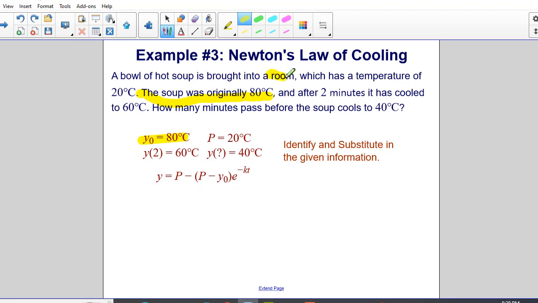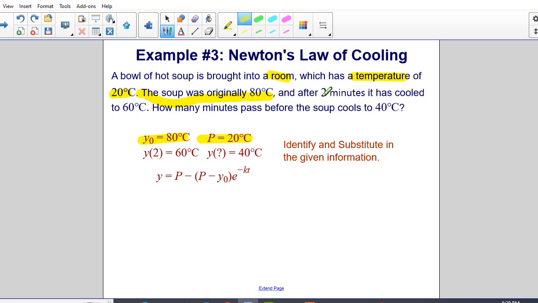It also tells us that the room temperature is 20 degrees Celsius. So my capital P, my limiting factor, is the ambient room temperature, that is as cold as the soup is going to get, because it's influenced by the outside temperature.